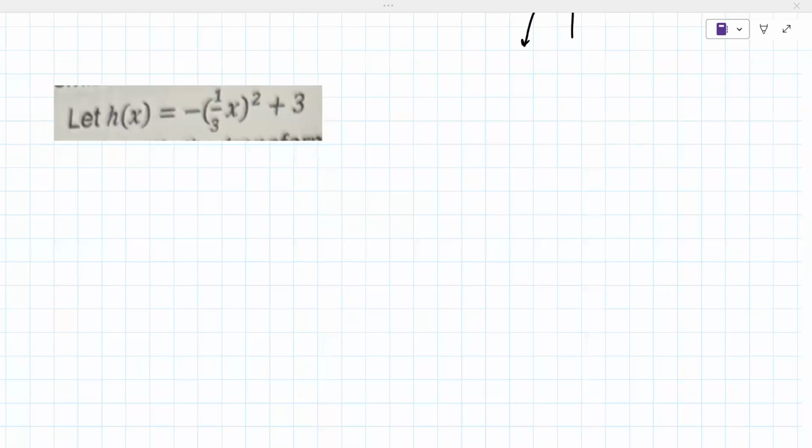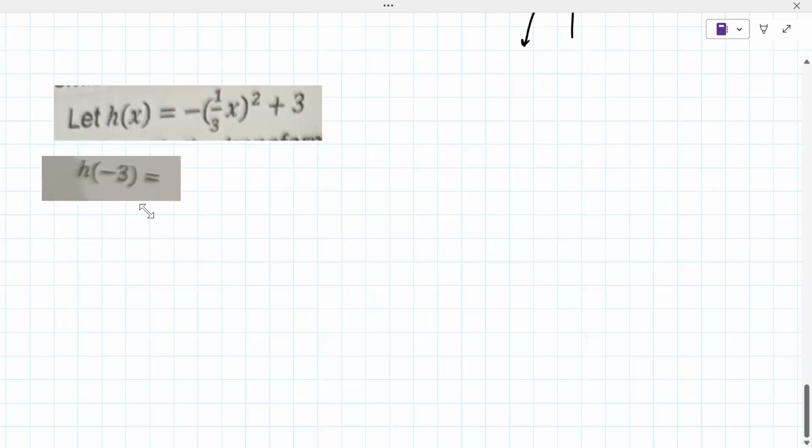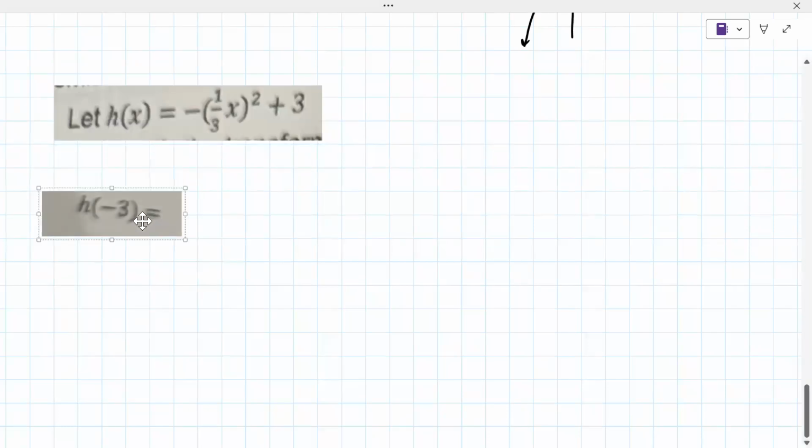So the first thing they want you to find is h of -3. They're asking you to put -3 in for x. Will you try calculating that for us, please? I think I can do that. Okay. All right. That's good.